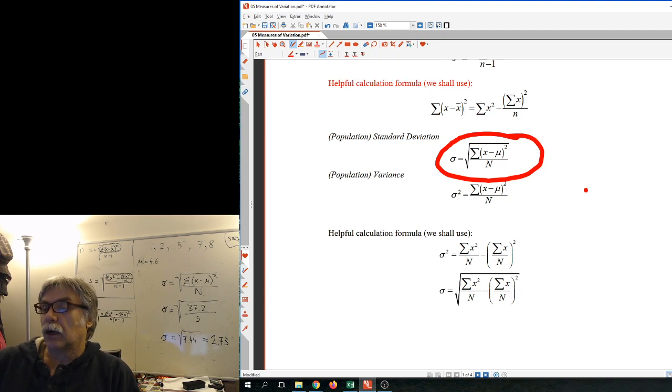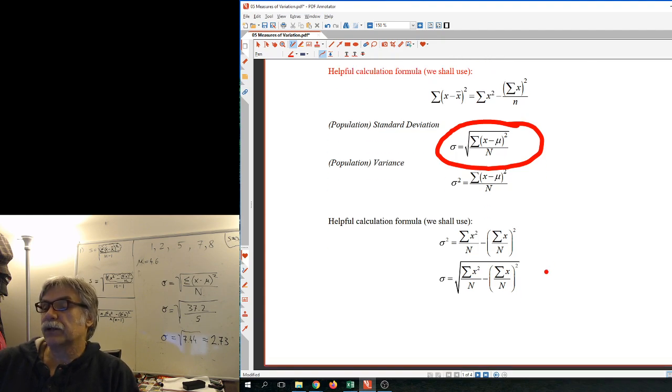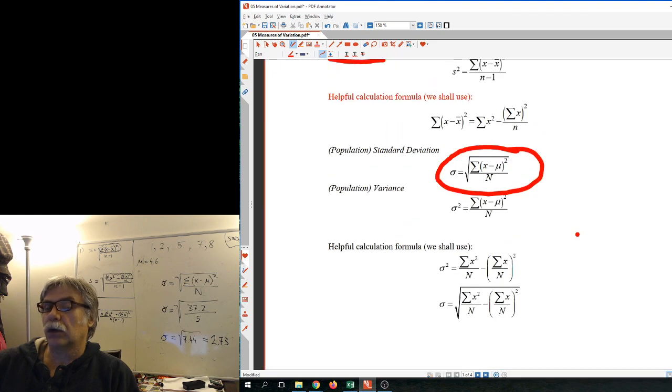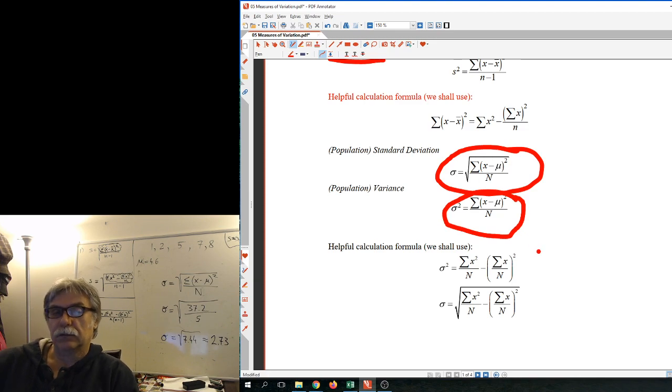There's also a simpler calculation you can do when you're calculating population variance, meaning that this expression here, before you take a radical, could be calculated more simply by using a two-column table, in which you just need the sum of x squares and the sum of x, as you can see here.